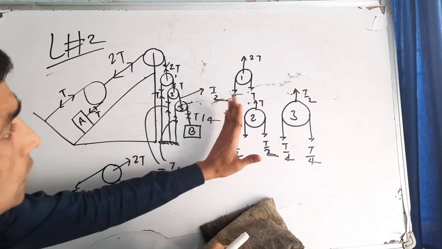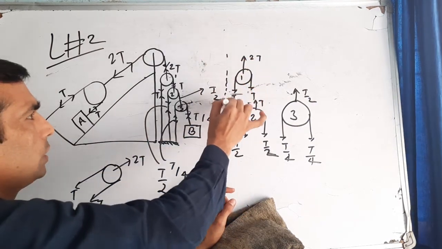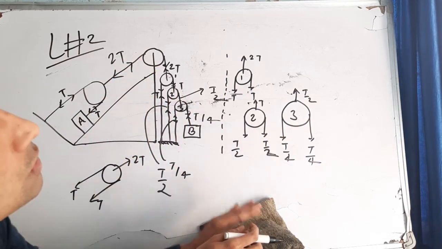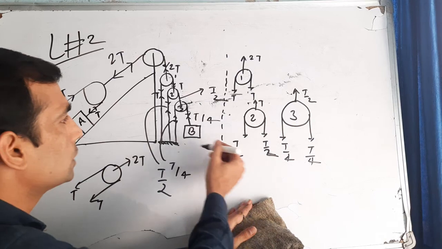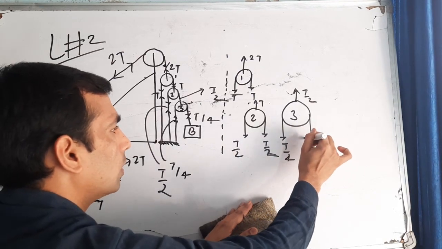So I have already made an individual video for better understanding. If you are not understanding this, I have made a video individually. And T by 4, this is connected through what? Block B.